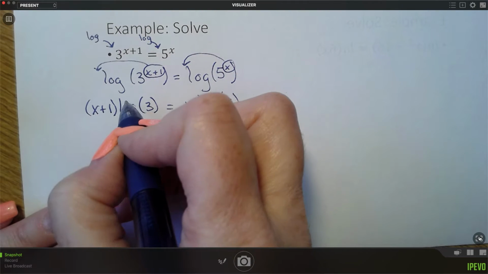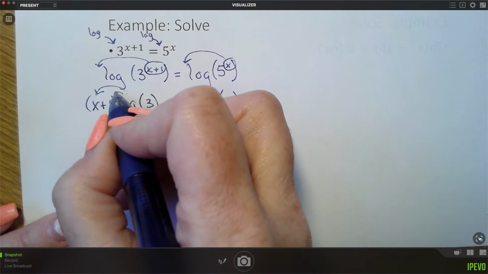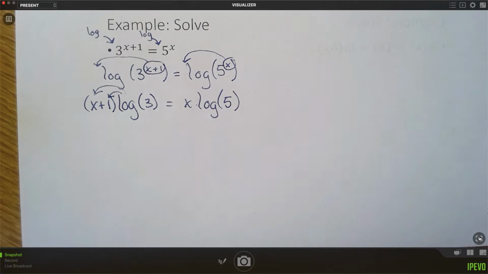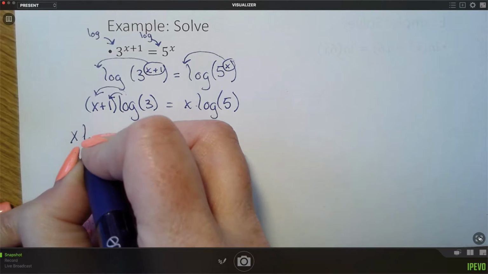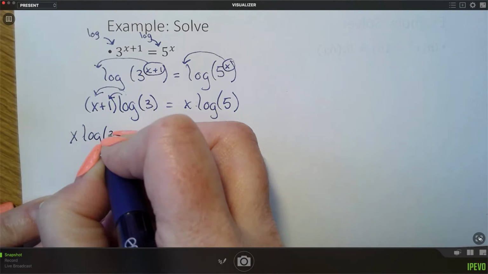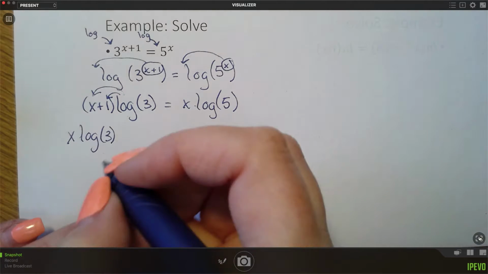Okay, so what do I need to do with this log of 3? I need to distribute it. I can't get that x out of there until I take care of the multiplication, can I? So it's going to be x log of 3, because log of 3 is a function. I'm not going into the function.